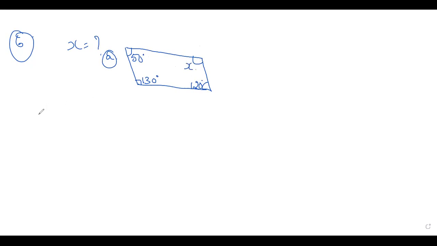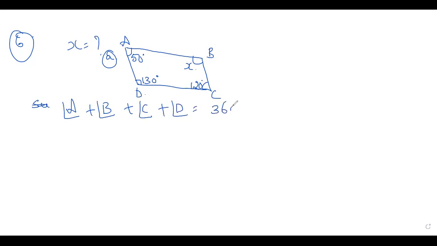So you know that, you can mention A, B, C, D. The sum of all the angles: angle A plus angle B plus angle C plus angle D is equal to 360.